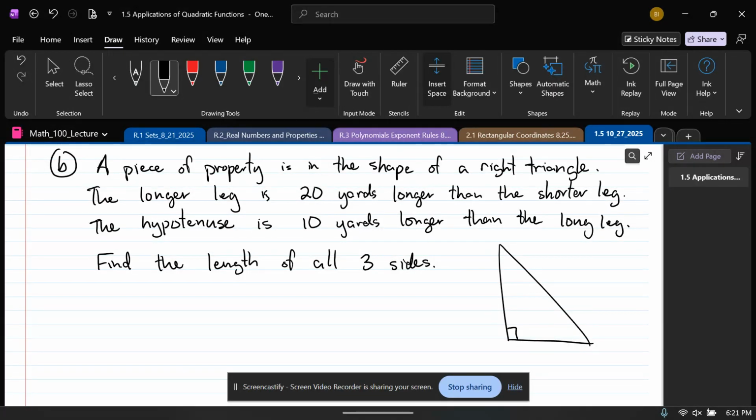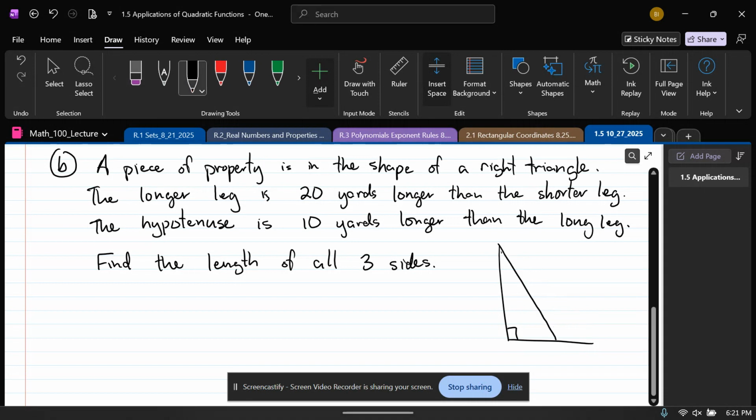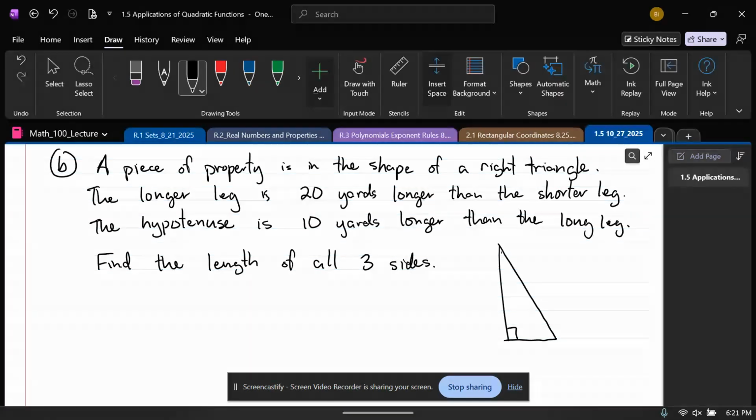I'm going to put a right angle there, and make it more obvious that we have a shorter leg and a long leg. So I have a long leg, a short leg, and a hypotenuse. Which one of those is the hypotenuse? The slanted one, the one that's across from the 90-degree angle. That's our hypotenuse.